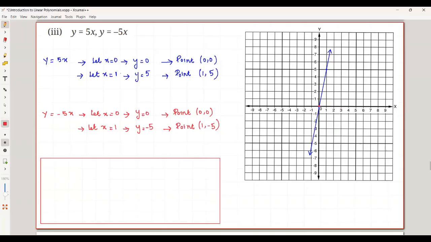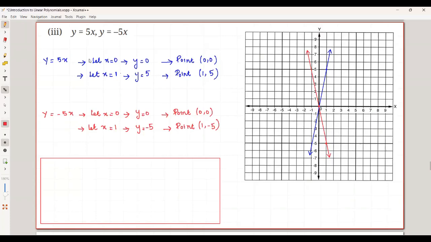Now I have to join the points 0 comma 0 and 1 comma minus 5. If you join, you'll get a line like this. So two lines we have drawn.